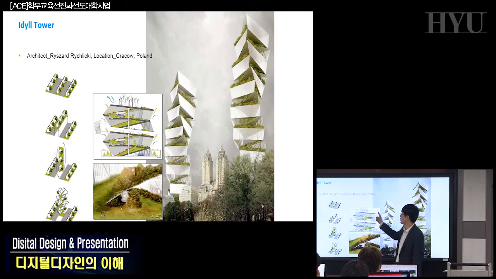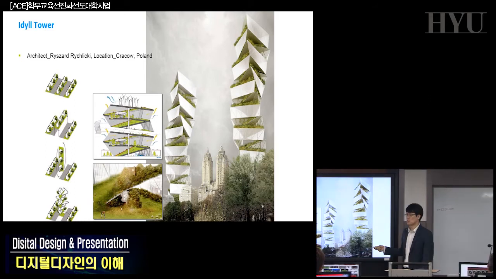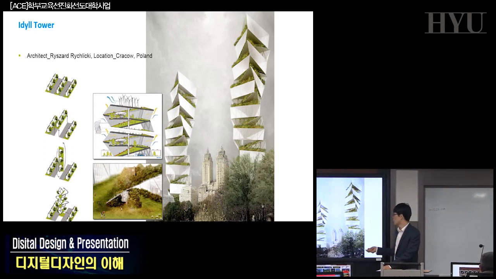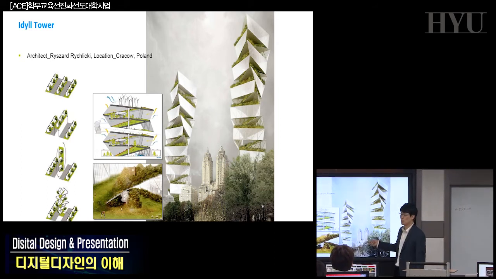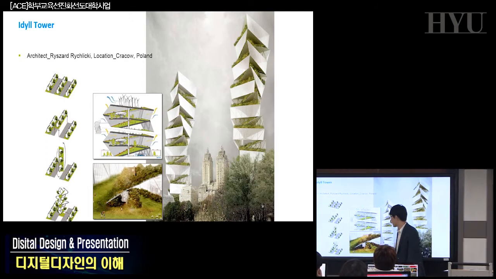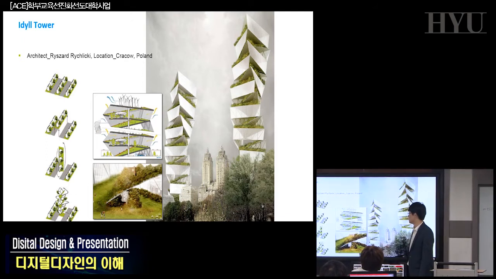And this section sketch will show you, okay, this is something like city farming or a similar structure without any stairwell or elevators. This is very sustainable and eco-friendly, like a building structure for city farming.